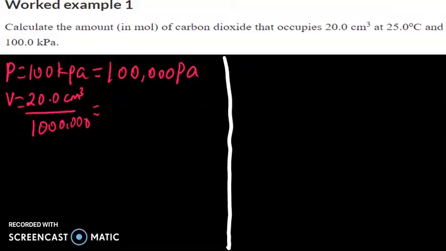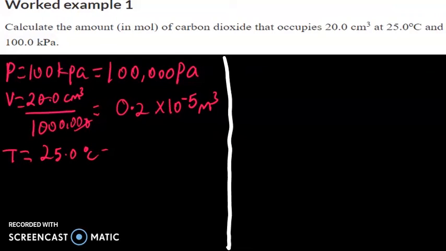That will give you 0.2 times 10 to the power -5 meter cube. And for the temperature, it's given to you as 25 degrees Celsius. So you have to change it to Kelvin by adding 25 plus 273.15. So that will be 298.15.